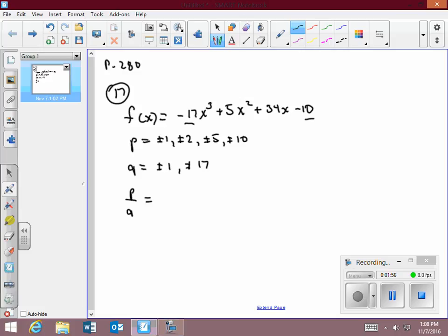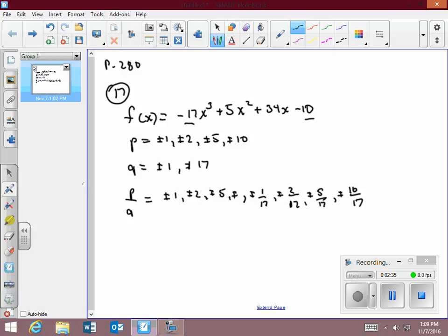So when you put 1 in the denominator, you get all of the ones that are just the p's in the numerator. But when you put 17 down there, then you get plus or minus 1/17, plus or minus 2/17ths, plus or minus 5/17ths, and then plus or minus 10/17ths.